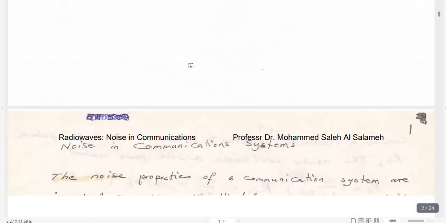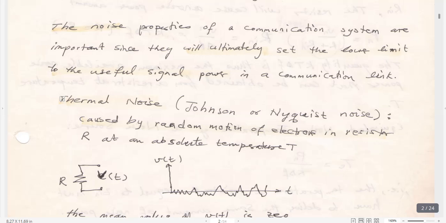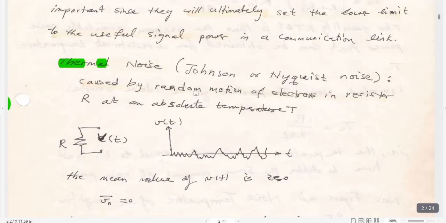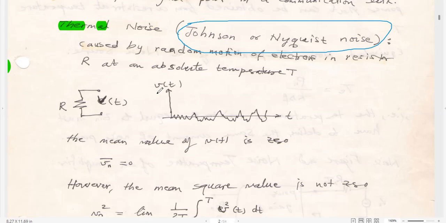We have the thermal noise, also called Johnson noise or Nyquist noise. It is caused by the random motion of electrons in a resistor.